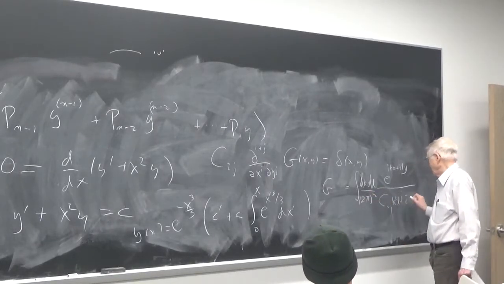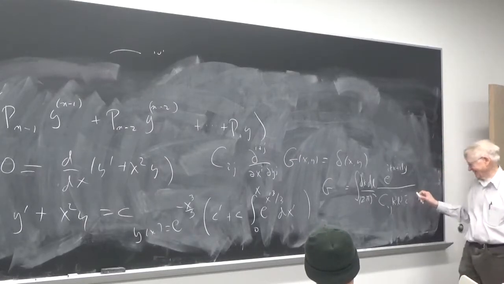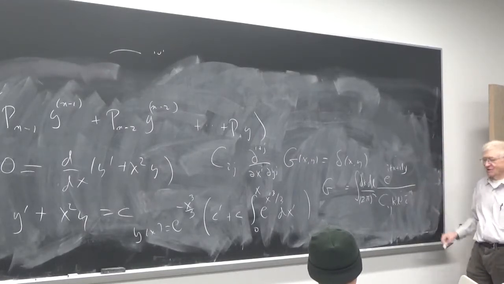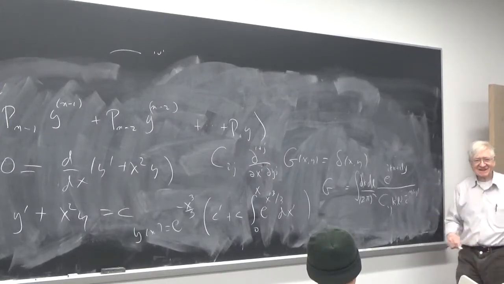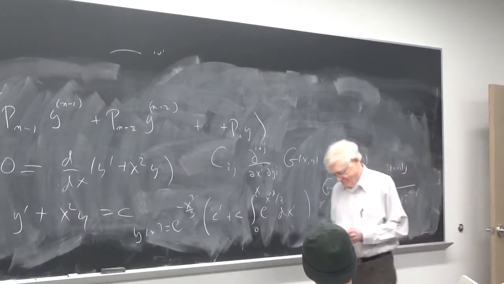And I'll say i to some power, which I'm not going to figure out for you, N of ij. That's, I guess, general.